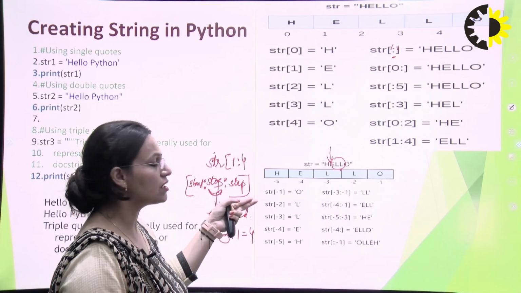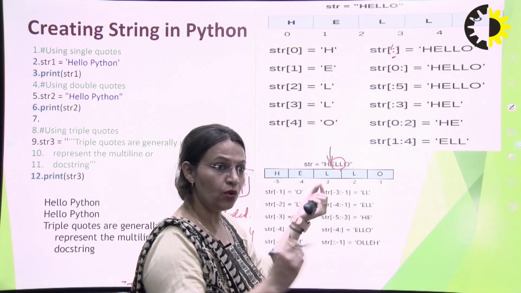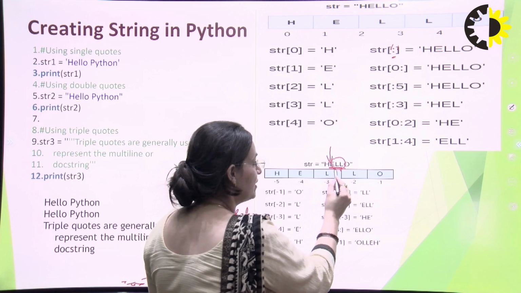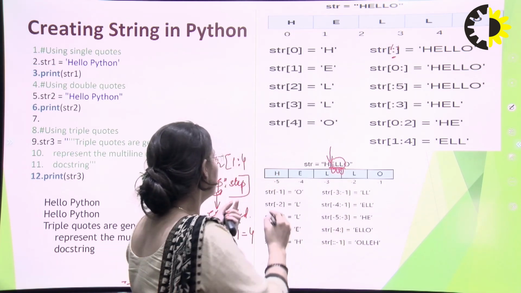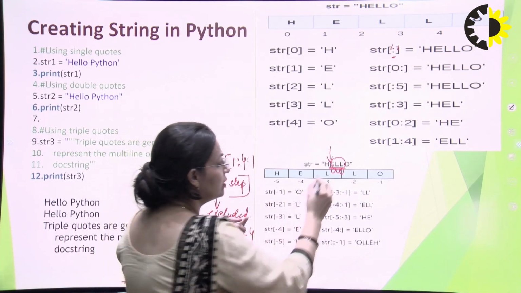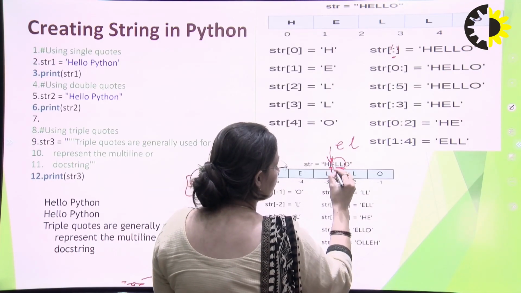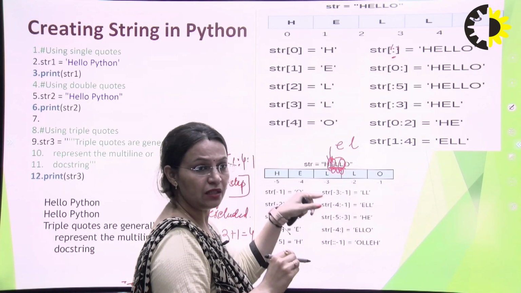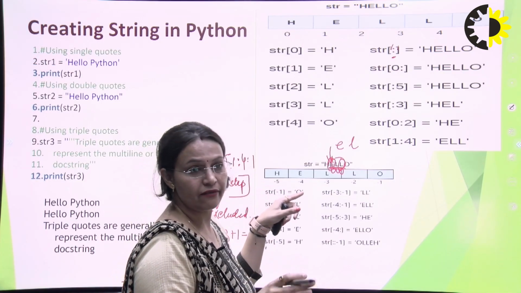And the step is the representation of this: if I want the alphabets in sequence, in increments of 1 by 1, then the step will be 1. If I want the output as E and L, skipping the in-between character, then I have to choose the step wisely.